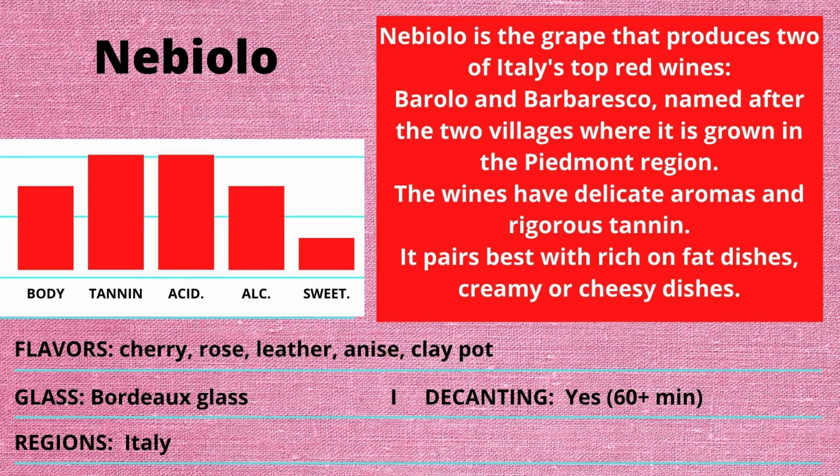All right, and they are the only ones that have the right to produce wines with the name of Barolo and Barbaresco, and those wines have to be 100% Nebbiolo. And because Nebbiolo has such a high percentage of tannin, so heavy, you cannot drink it right away. You have to age those wines for 4 years.